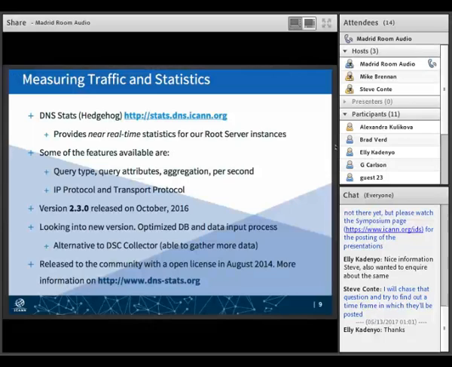This is a fork of the software DSC that most of the DNS industry has been using for a while, but it presents some challenges for us because of the number of servers we were using.